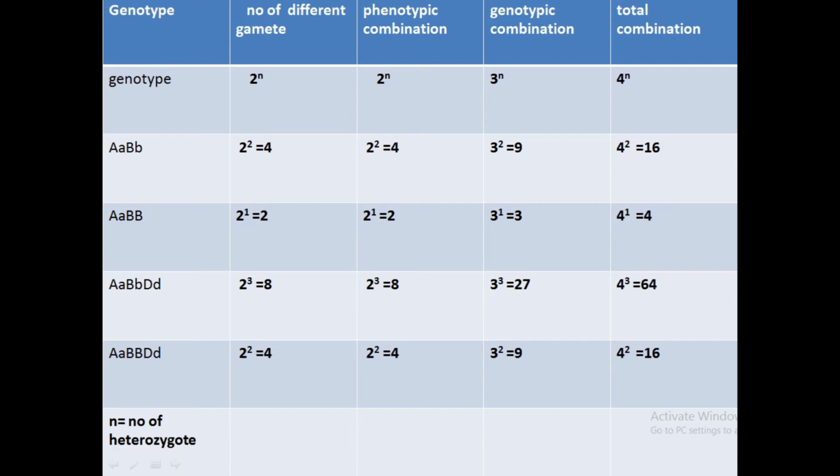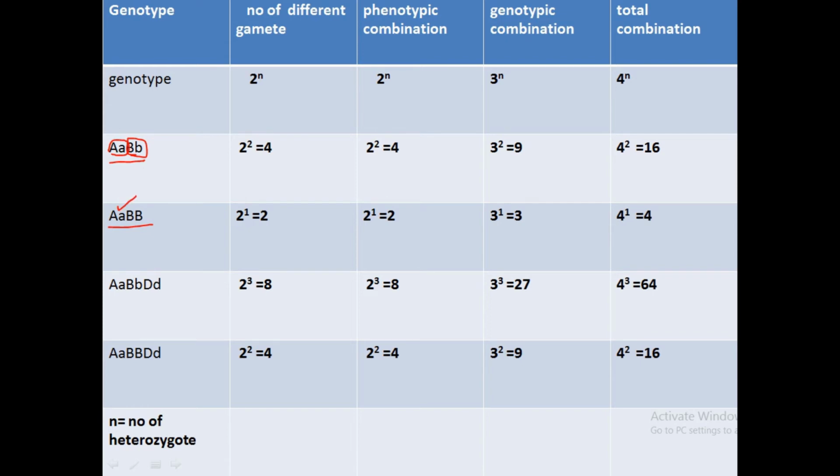Now if they ask to cross this, that is the genotype is this, we have to see the number of heterozygotes. So here capital A small a is heterozygous and capital B small b is heterozygous. So n, the number of heterozygotes, is 2. So in place of n we will write 2, and we will get this. Then here also if the genotype is this, the number of heterozygotes is 1.